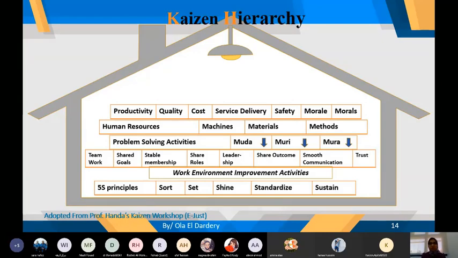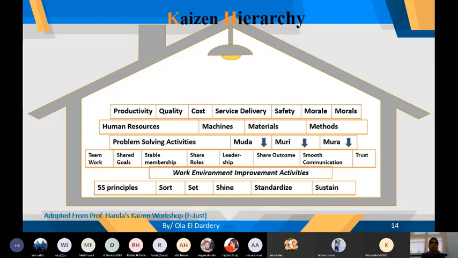This is not just for production, and that's why I wrote service. It's not just delivering the product at the right time. It's after-sales service. If it's educational services, delivering this service at the right time. And safety, because safety is very important. Some people add safety to the 5S principles and make them 6S principles.